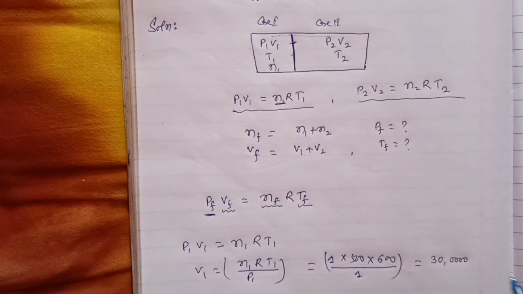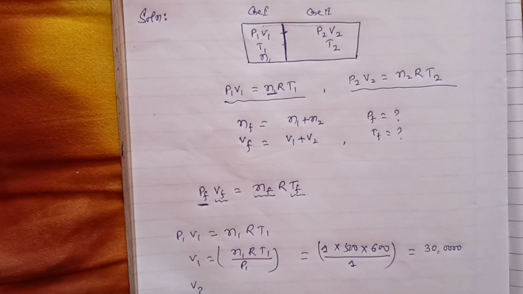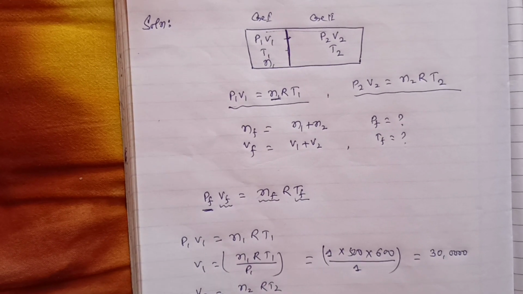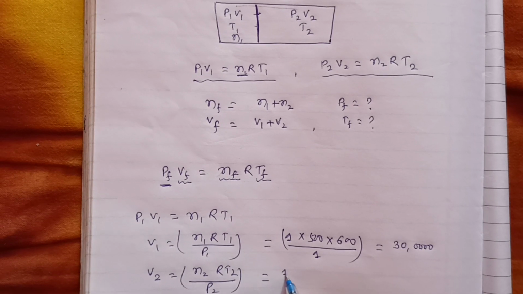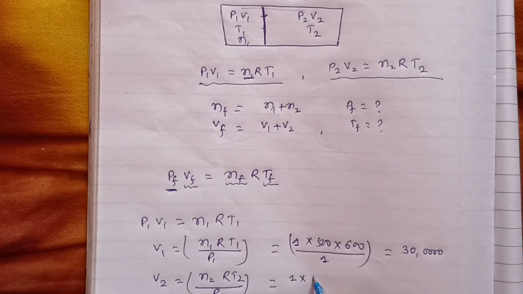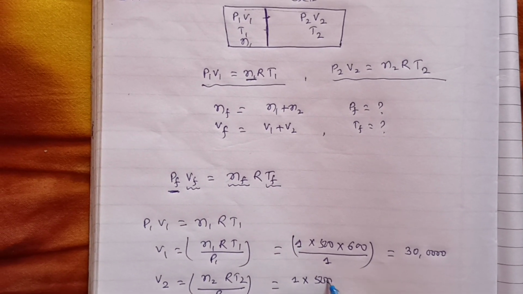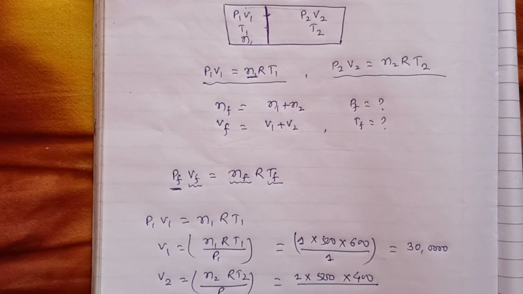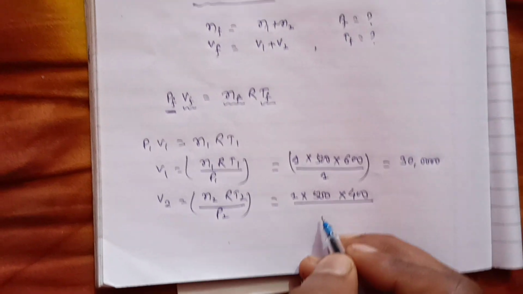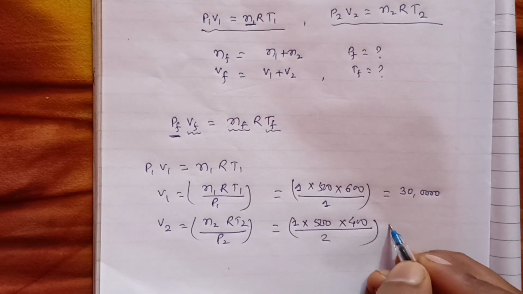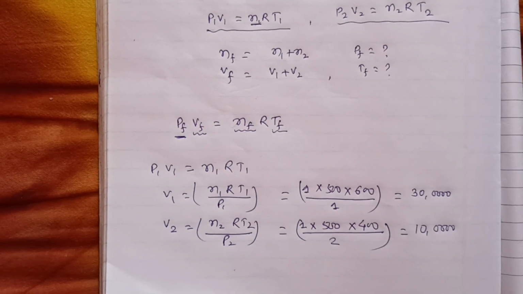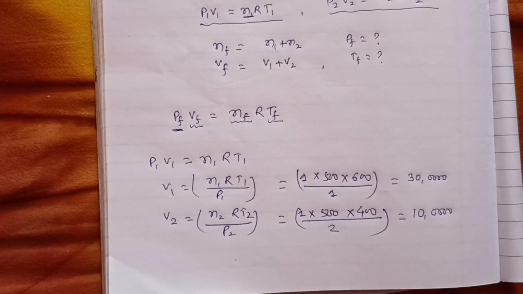Then similarly we can find V2. It will be N2 R T2 by P2. N2 is also the same, 1 kg, into 500, R value same. Then T2 is 400 here, and the pressure is 2 bar. So it will be 10 then 40. Till now it is fine.